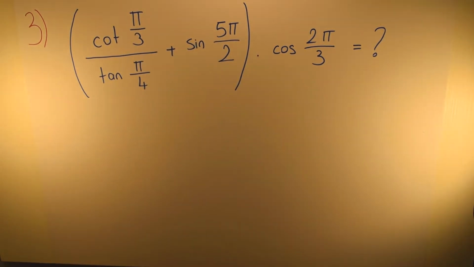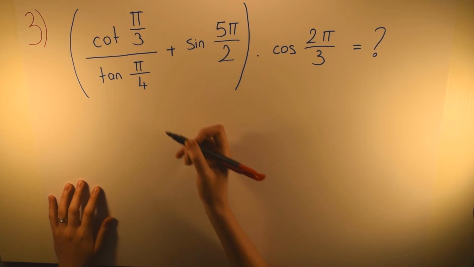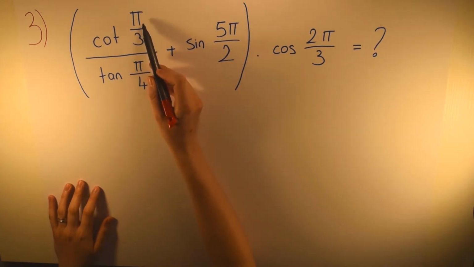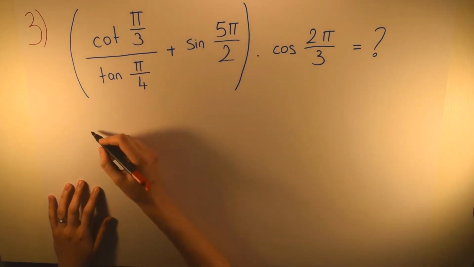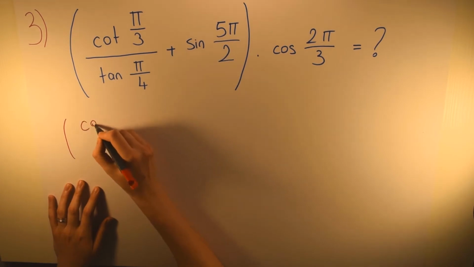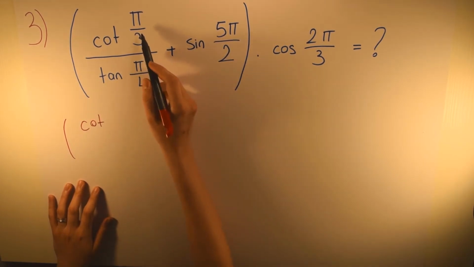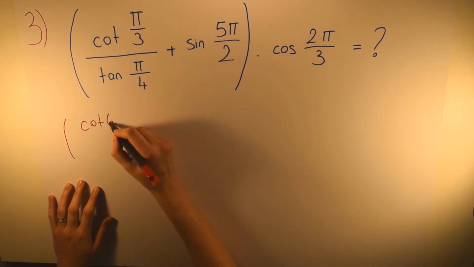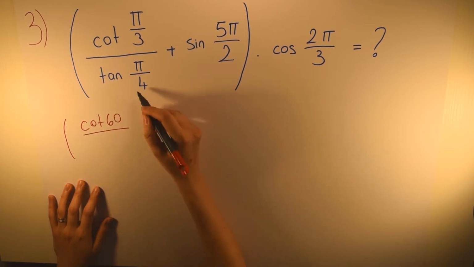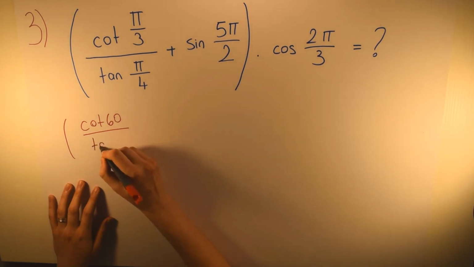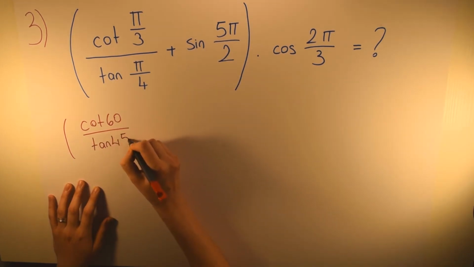It will be much easier. When I put 180 instead of p, I will get cotangent 180 over 3, which is 60, over tangent p over 4, which is 45. So this is tangent 45.